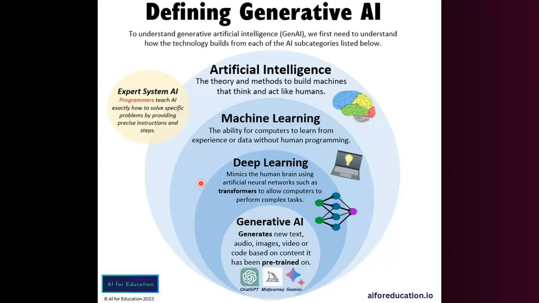Artificial intelligence started earlier in the past century to make machines think and act like humans, with the Turing test and all of that. Then machine learning started, to train computers to learn from data without being explicitly programmed.